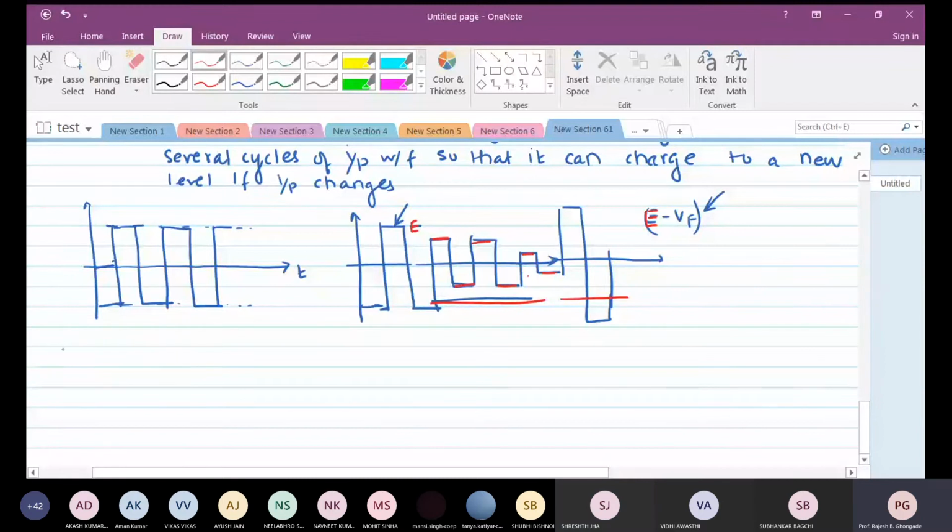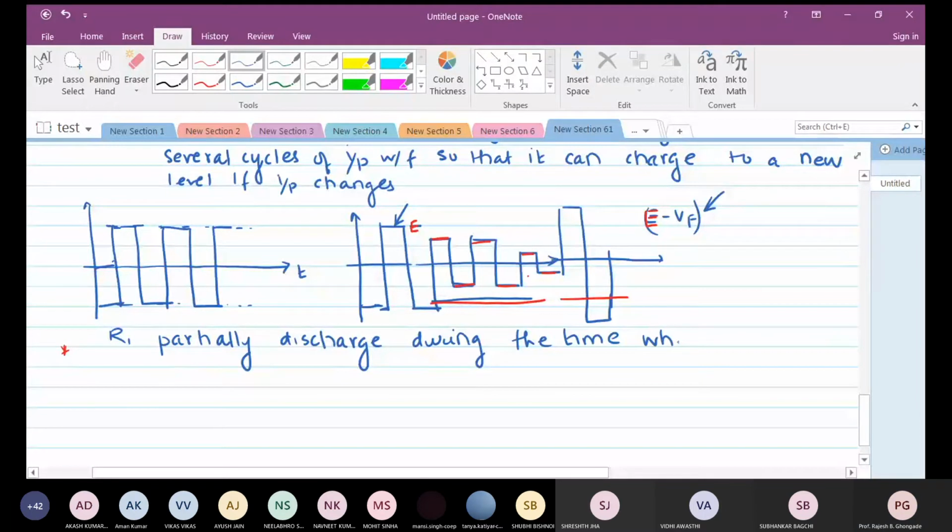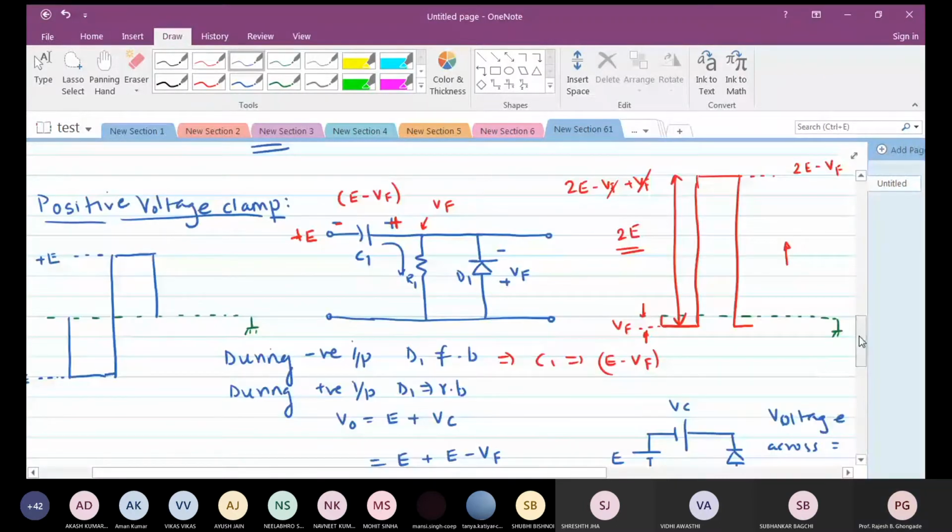But at the same time, there will be a problem associated with R1, because R1 will partially discharge the capacitor during the time when the diode is not conducting.